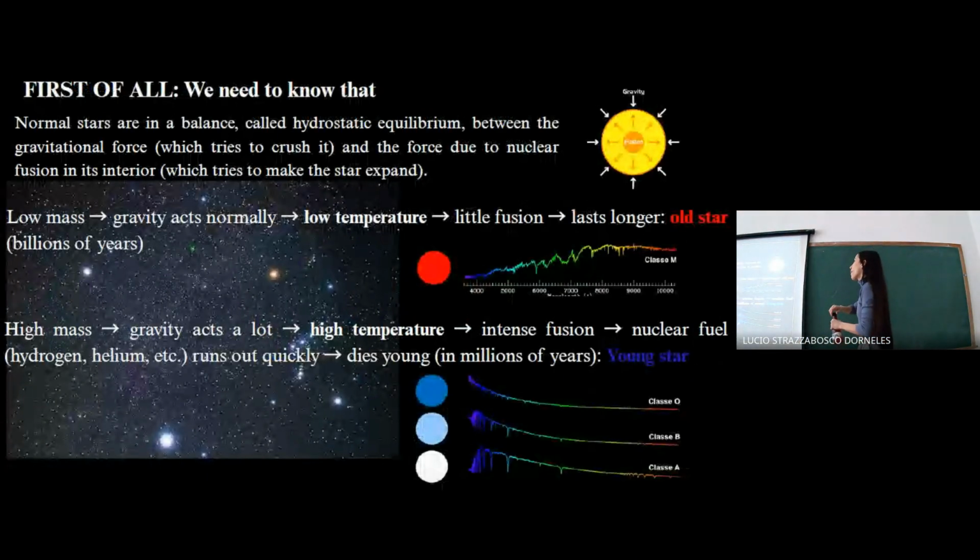So, first of all, it's important to know that normal stars are in a balance that we call hydrostatic equilibrium between the gravitational force, which tries to crush the stars, and the force due to nuclear fusion in its interior, which tries to make the star expand.